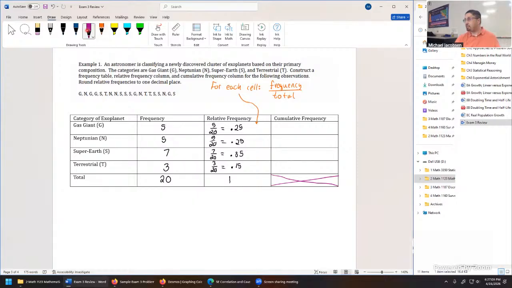Okay, let's state a verbal formula on this one. For the cumulative frequency, in this column, for each cell, take the frequency value to the left.